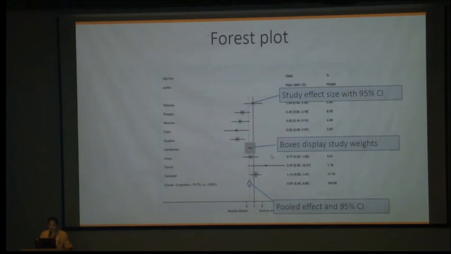But the next column represents exactly these estimates that are depicted here. So you can see 1.04 is the point estimate, and 0.48 to 2.28 is the confidence interval, which is depicted by the horizontal line. And then this is the pooled estimate. And then the last column represents the weight allotted to each study.